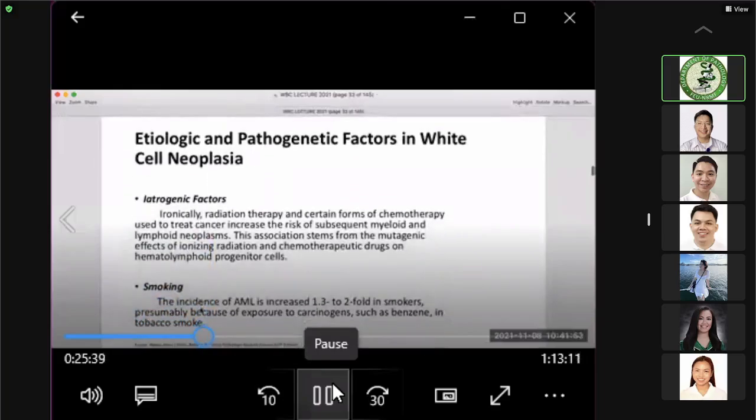Okay, then also merong mga iatrogenic factors. So you're treating one thing, creating another thing. Ironically, radiation therapy and certain forms of chemotherapy that treat cancer impose risk to the patient with myeloid and lymphoid neoplasia, because of the mutagenic effects of the radiation and the chemotherapeutic drugs that are being used.